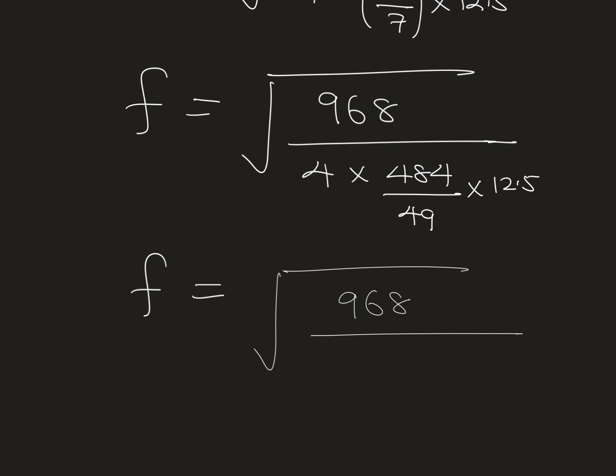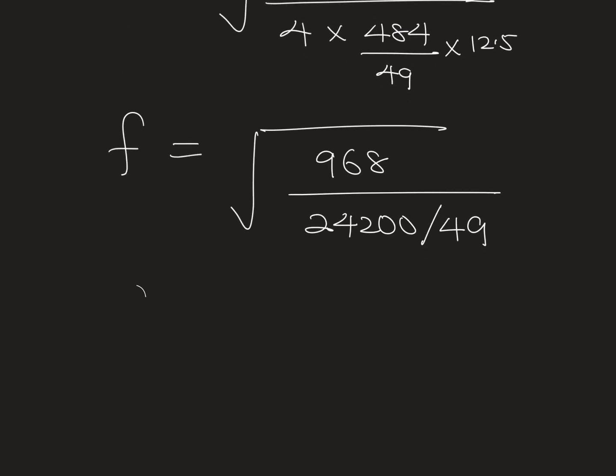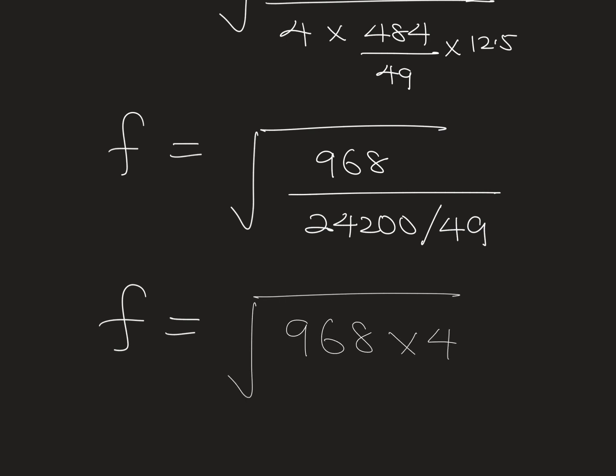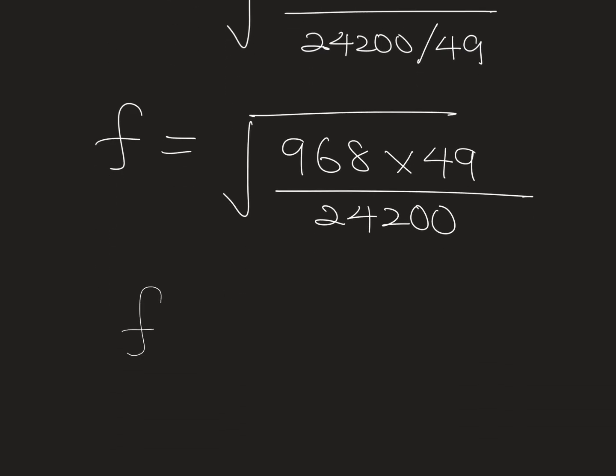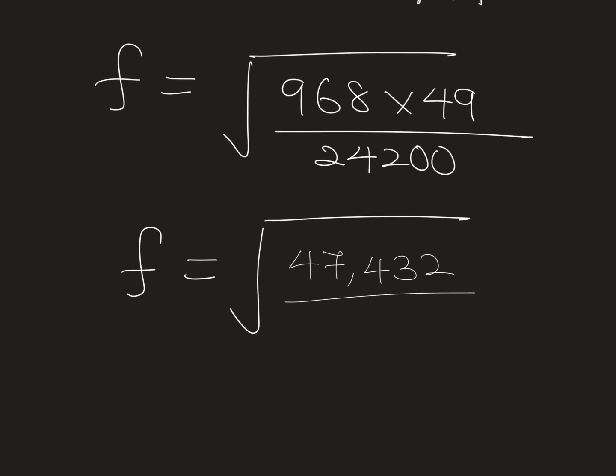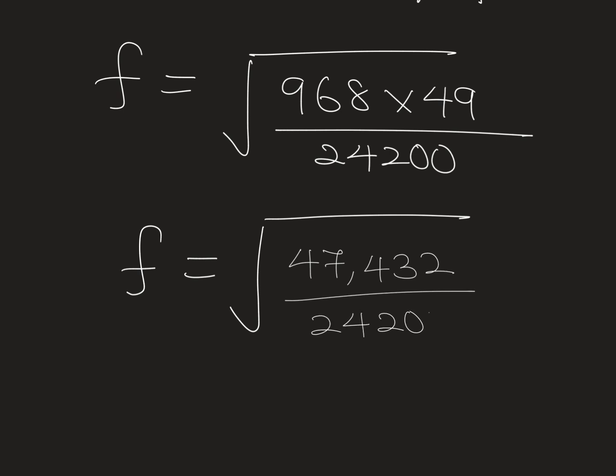If we leave that in fraction, that will be 24200 over 49. So the frequency would have been the square root of 968 times 49 all over 24200. So the frequency will be the square root of 968 times 49, which is 47,432, over 24,200.